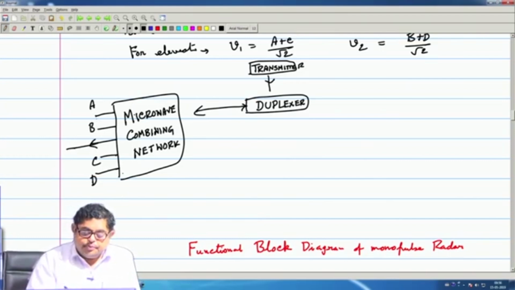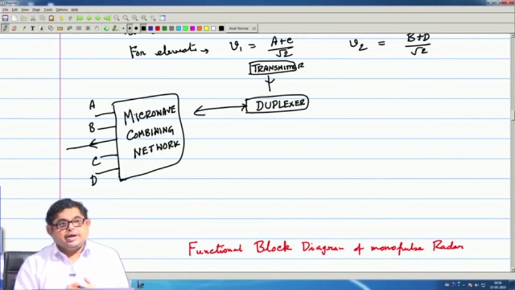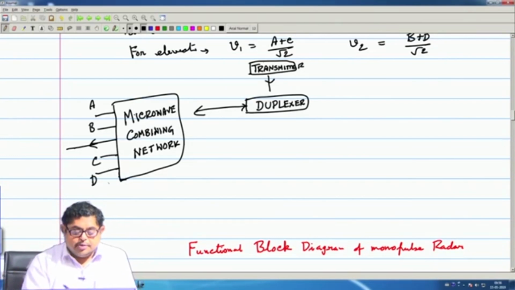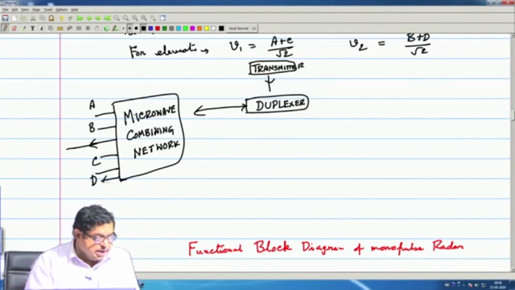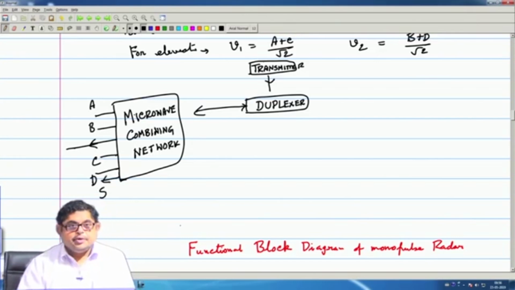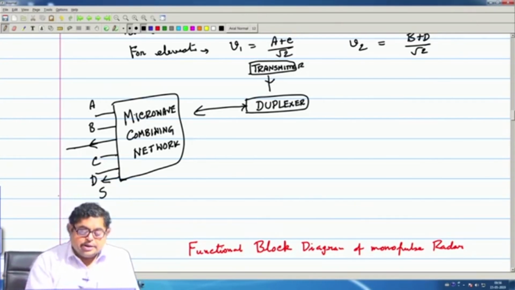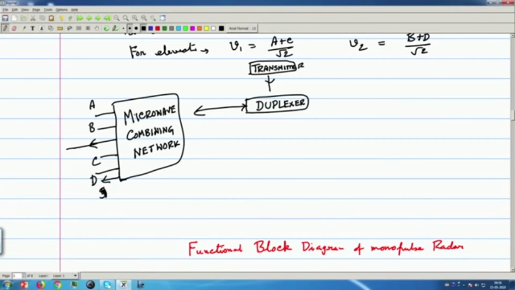To those 4 horns, this microwave network also produces a sum pattern, and let me call this one the sum pattern.